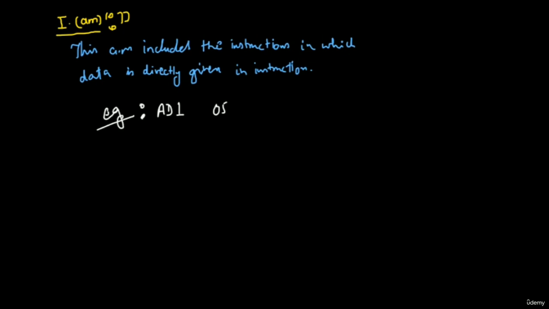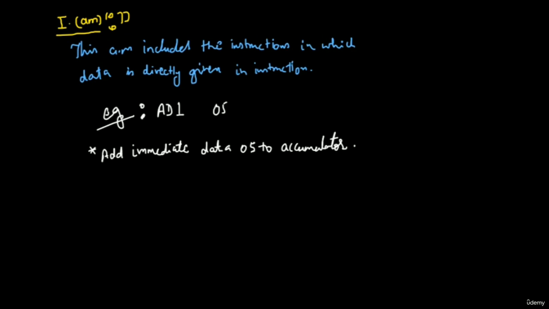It means AD, add immediate data 05 to the accumulator. Remember that A was our accumulator that was collecting data. We will discuss the accumulator itself in detail, but for now, this is what immediate addressing mode means.